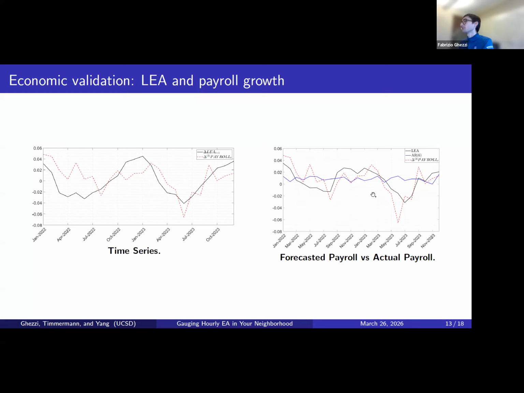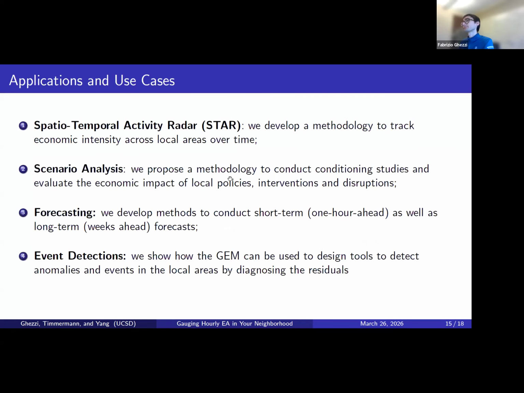So when our factor can be computed in a timely, nowcast way, there is a lot of advantage that you wouldn't be able to get from the payroll data.